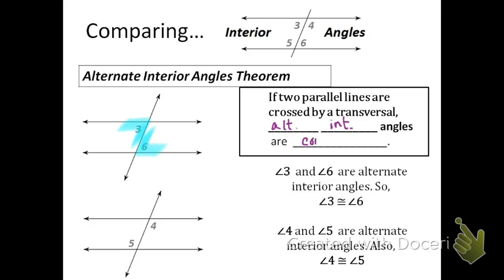You can write the word, or if you want to, you can use the symbol. So angle 3 and angle 6 are congruent to each other, just like angle 4 and angle 5, an obtuse angle lined up with an obtuse angle. Those two are also congruent.